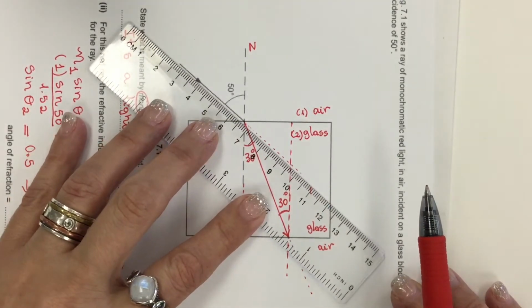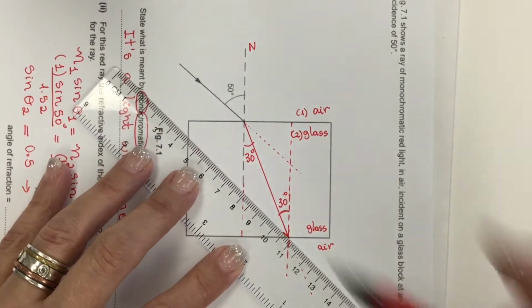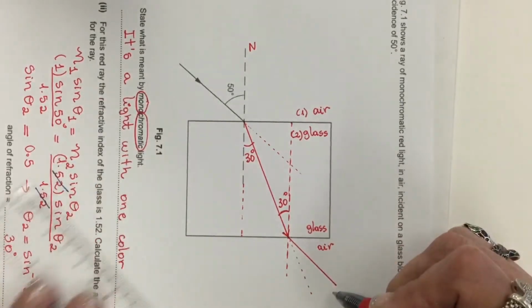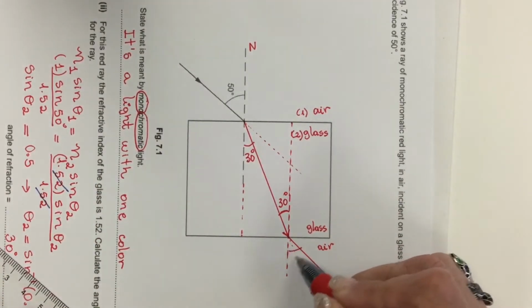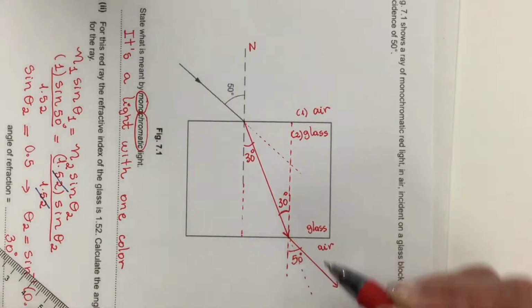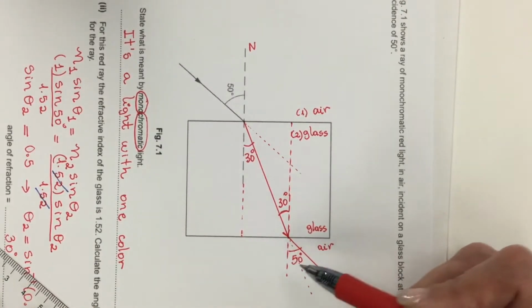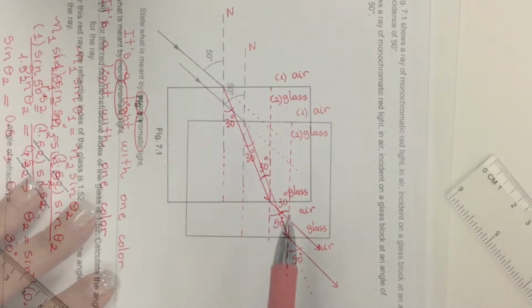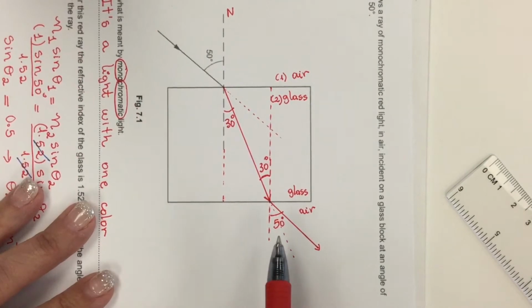So actually it is about 50 right here. If you like to calculate, you should have about 50 degrees right here. So let's calculate to make sure this is really 50 or close to 50.